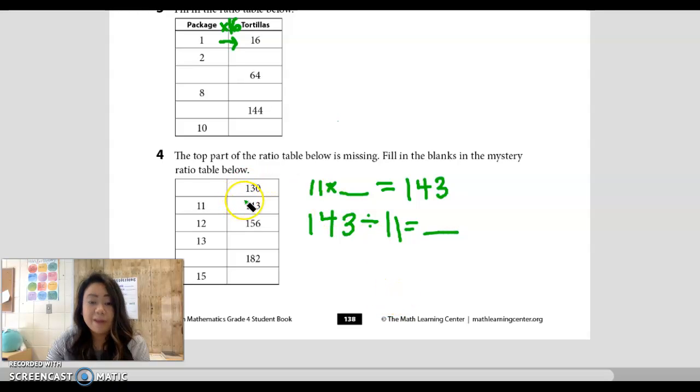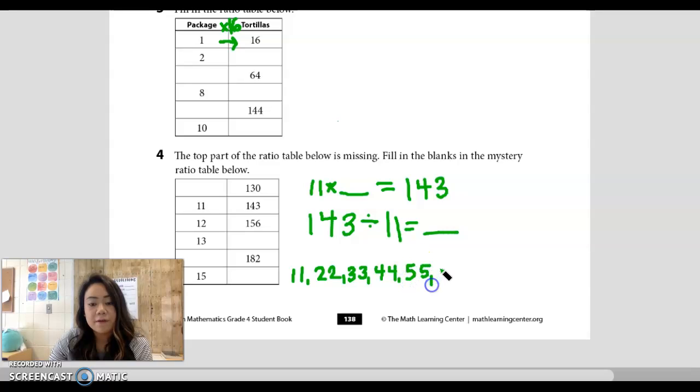So I'm not good with my 11s, so I'm going to count by 11s. 1 group of 11 is 11. Count again is 22, 33, 44. I like 11s because the numbers are the same for a while.